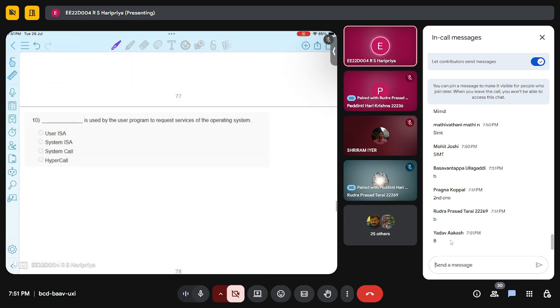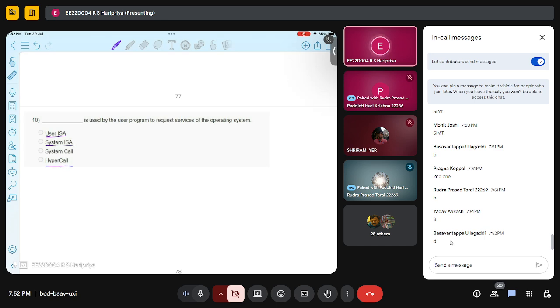Next. Which one of the below is used by the user program to request services from the operating system? So the user ISA is a set of instructions available to the user level programs. And what is system ISA? It is the instructions available to the OS kernel or the privileged mode.